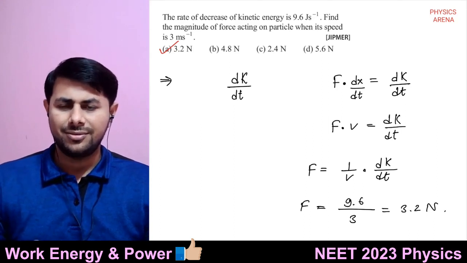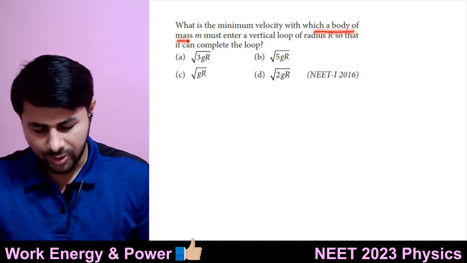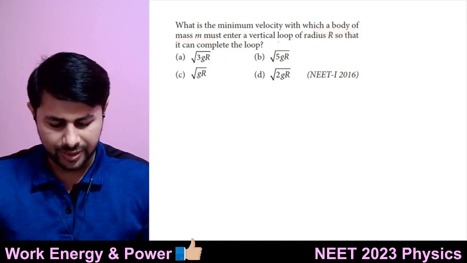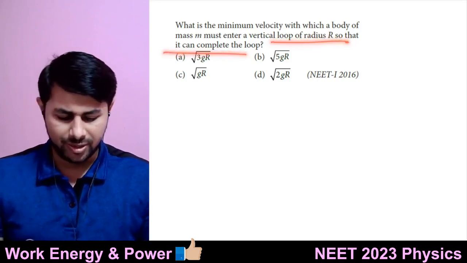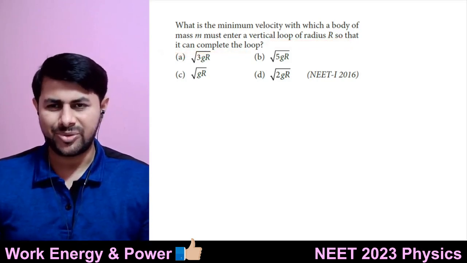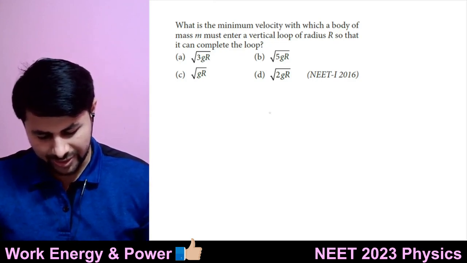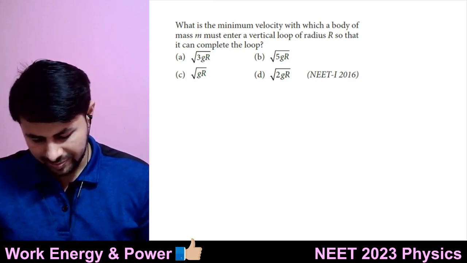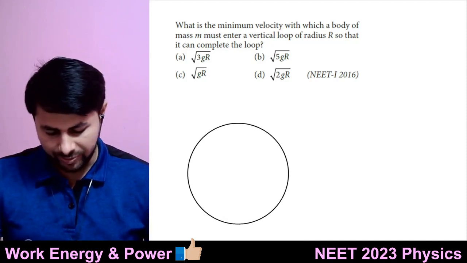Is it clear? What is the minimum velocity with which a body of mass m must enter a vertical loop of radius r so that it can complete the loop? This is very straightforward. Tell me the answer. Where is the minimum velocity?